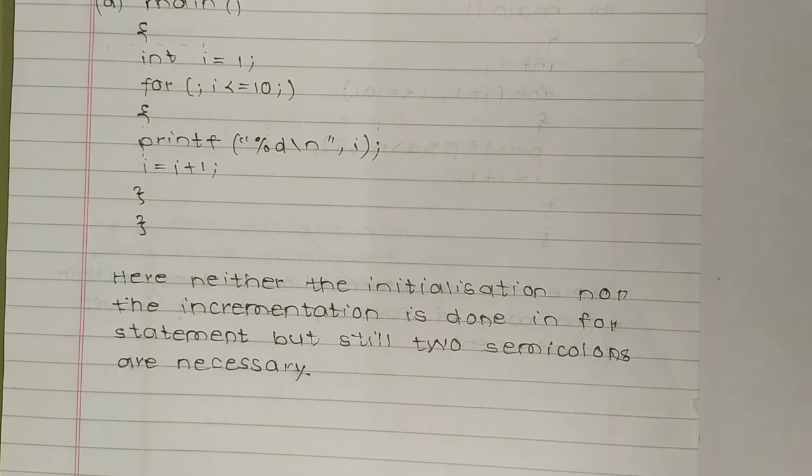But in the for statement, two semicolons are given before i <= 10, so those are necessary. So it is not necessary to write everything in the for statement. You can write it separately also, like it is written in example D, that is program D.